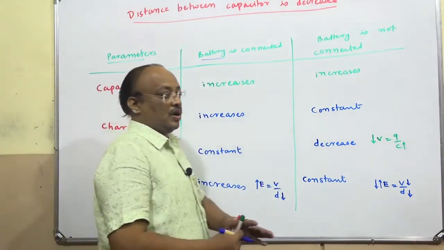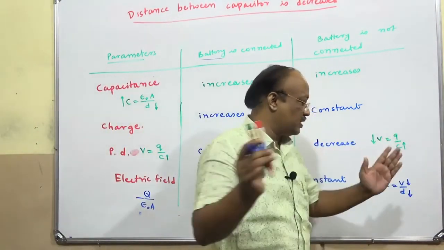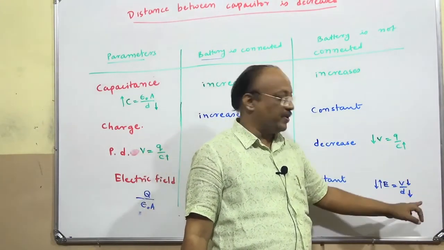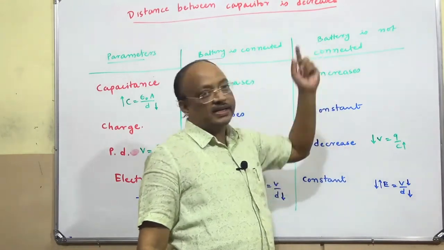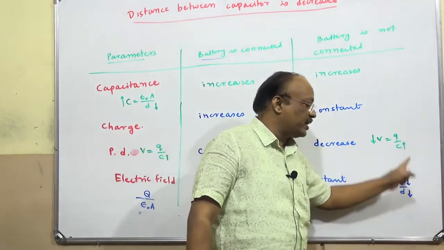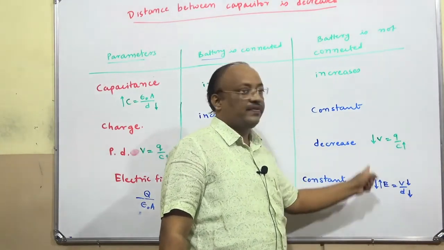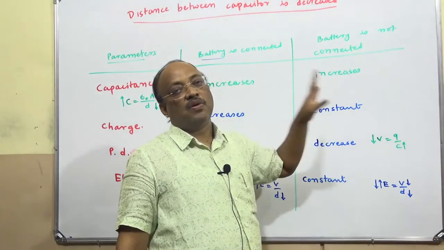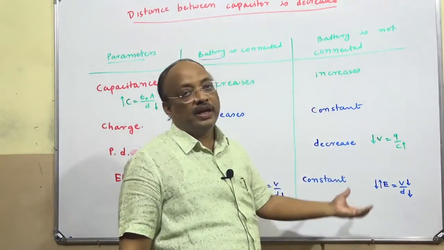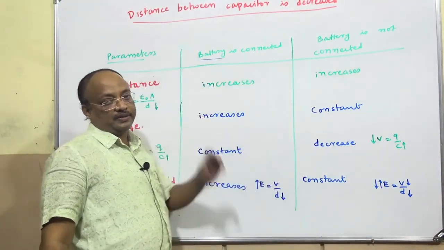Got it now? Because of the decrease in the distance between the two plates, electric field is increasing. But as the potential difference decreases by the same amount, the electric field remains constant there.